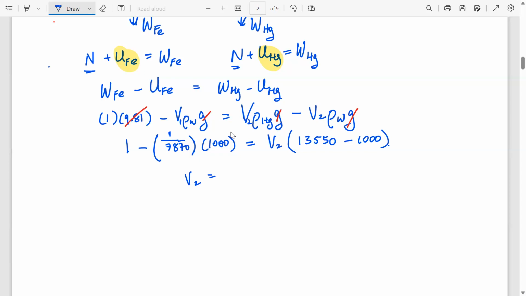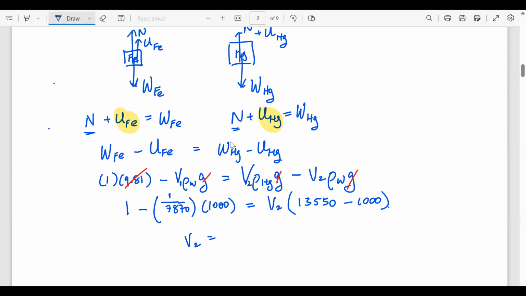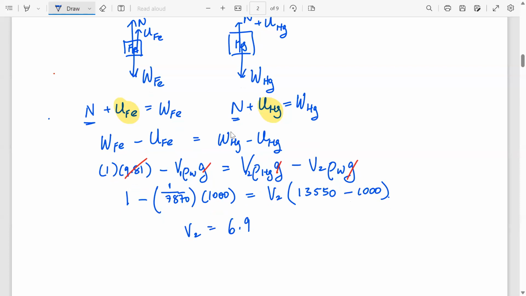Okay, so if you press on your calculator, you'll get your V2 as 6.956 times 10 to the power of minus 5 meters cubed.